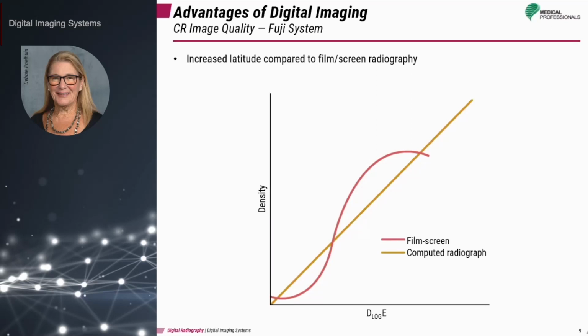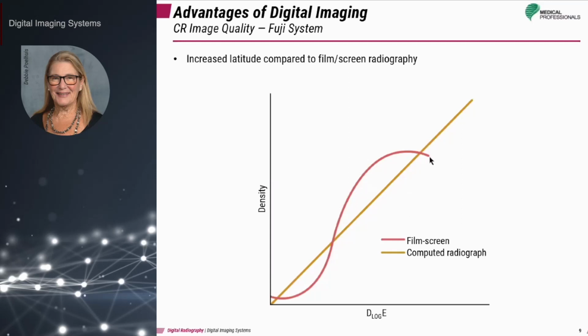As you can see in this illustration, the digital IR response is linear right here and extends straight up. And therefore, a greater number of density values can be displayed, as opposed to the film screen response, which reaches a point where shades of gray cannot be distinguished.